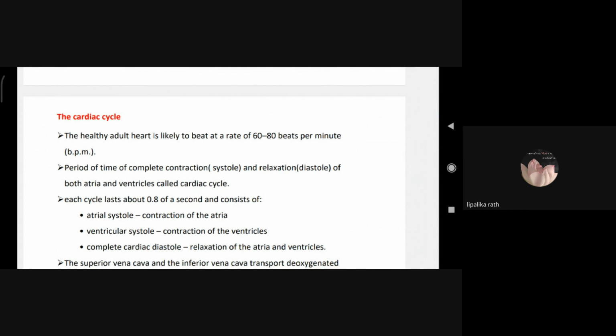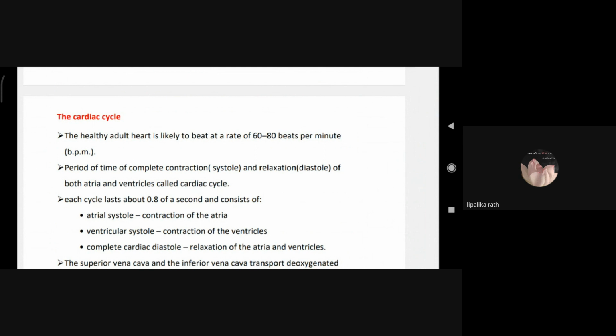Now, the period of time of complete contraction, that is systole, and relaxation, that is diastole, of both atria and ventricles is called cardiac cycle. Okay, so complete contraction and complete relaxation, that is known as cardiac cycle.